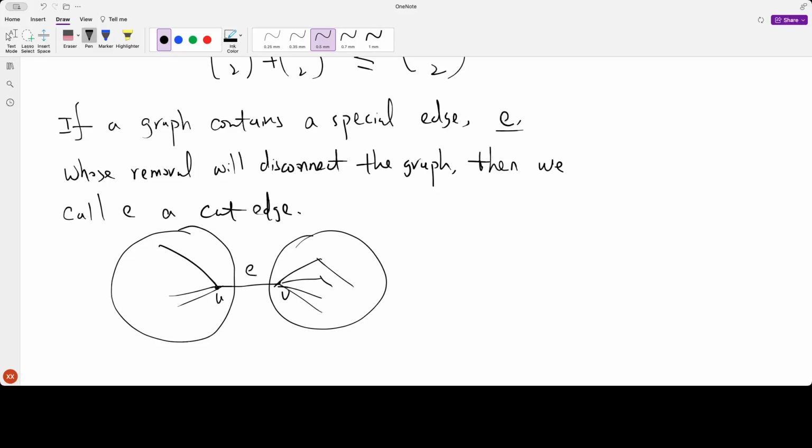You cannot connect them if you do not go through the edge E. In other words, G minus E, deleting the edge E, becomes disconnected. In this case, you call this edge E a cut edge.